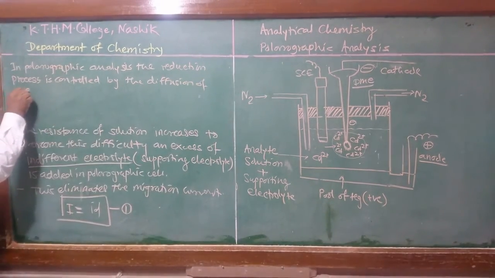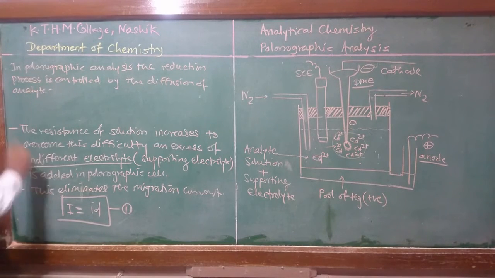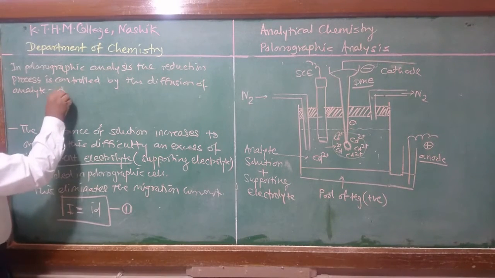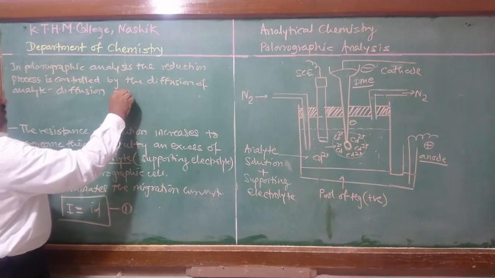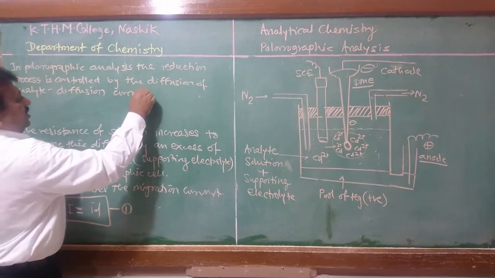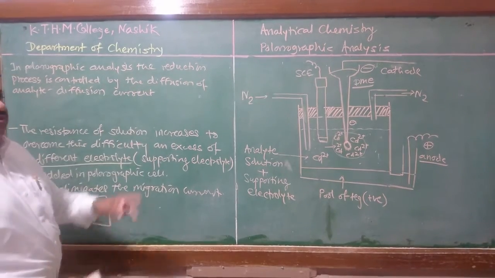And so the current measured in this case is called as diffusion current. Therefore in polarographic analysis, diffusion current is measured for quantitative analysis.